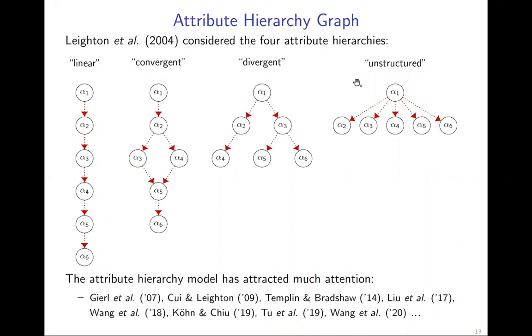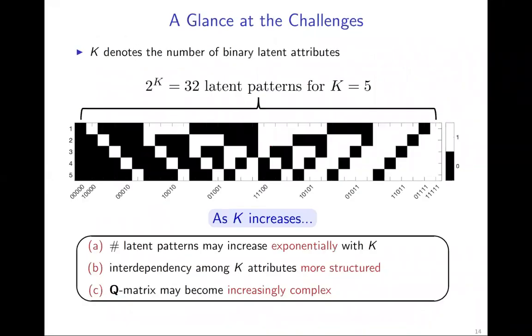Since then, this hierarchy method has attracted much attention, not only in the educational and psychological field, but also in computer science, so in educational data mining and machine learning. But the key theoretical property as to in what cases these latent hierarchies are learnable is unclear in the literature. As a glance at the challenges, recall that I use capital K to denote the number of binary latent attributes.